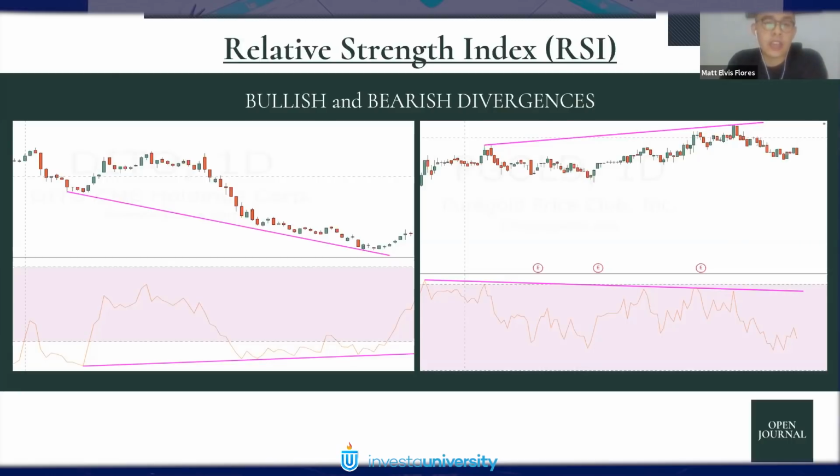And our first entry, which is part of the golden nugget in Open Journal, is the bullish divergences and bearish divergences. Okay? Ito yung binabanggit ko rin kanina using the MACD as your indicator. Kasi hindi ito 100% na magre-reverse na yung trend. Meaning uptrend, pababa na yung trend. It's just signaling na nagmamature na yung isang trend. Okay? So let me just give you an example.